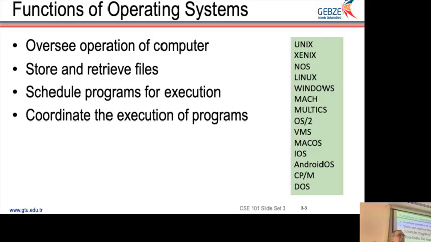But in the history of operating systems, we had a lot of different varieties. But basically, their purpose is always the same: coordinating file operations, scheduling applications and programs, and coordination in the execution of programs.